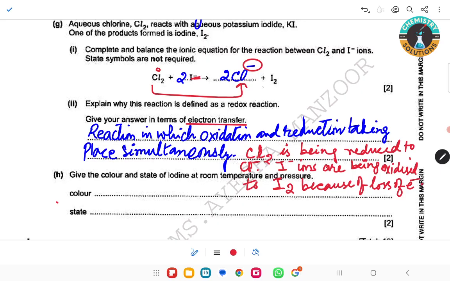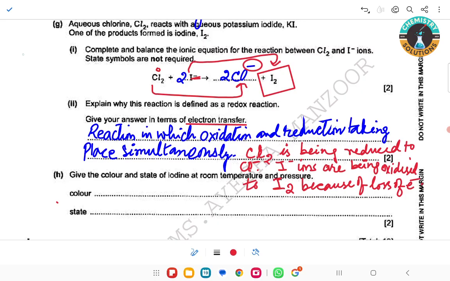So if it doesn't have its electron in its neutral form, it means iodide ions have lost their electrons. So chlorine is being reduced because of gain in electrons, whereas iodide ions are being oxidized to I2 because of loss of electrons. So the reaction in which oxidation and reduction take place simultaneously is called a redox reaction.